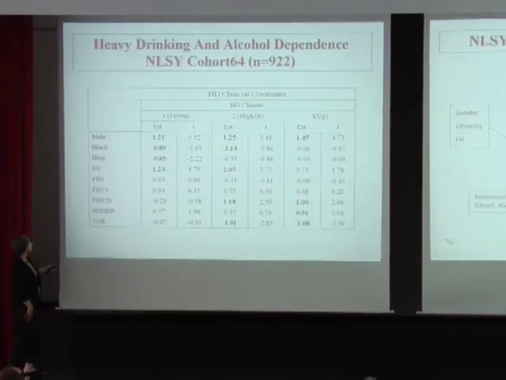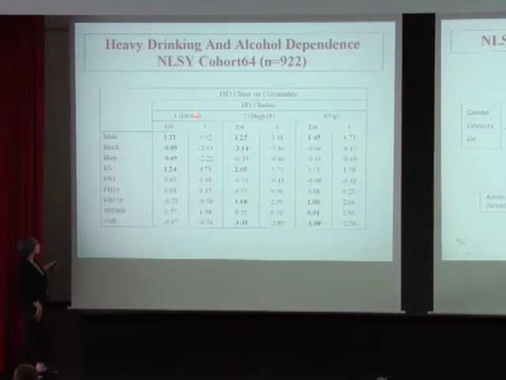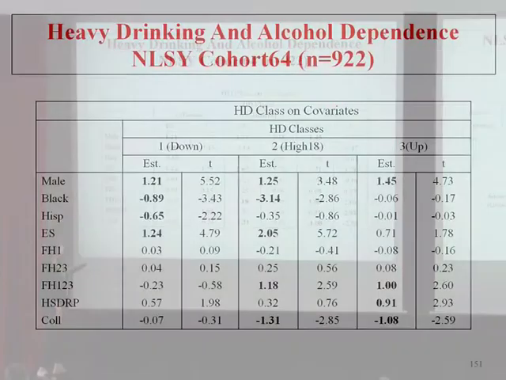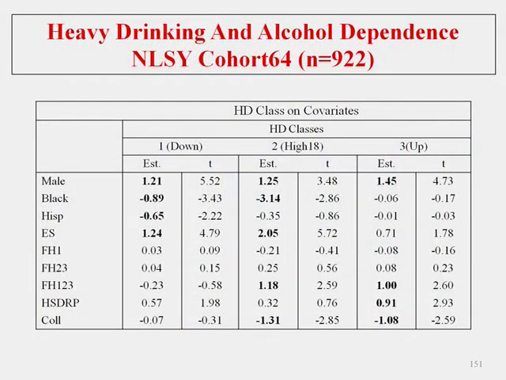So we have the 3 classes, the class that goes down, high, and up. And this is a multinomial logistic regression. The 4th class is the reference class, so we don't show that here. That's why we have the 3 classes.